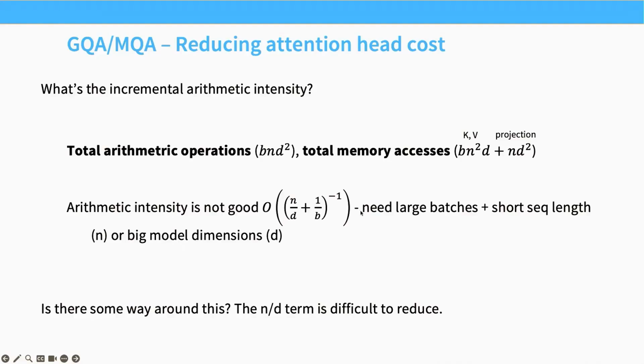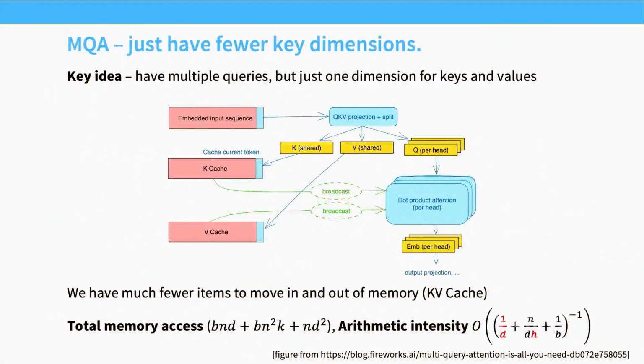So now what we need is large batches plus short sequence length, or we need really big model dimensions. So if we want to serve a small model efficiently, this is not so good, right? This is really difficult to deal with, right? This n over d term, this first term over here, which is sequence length over hidden dim, is very difficult to reduce if we're doing this incremental computation. This is just a hard thing to deal with.